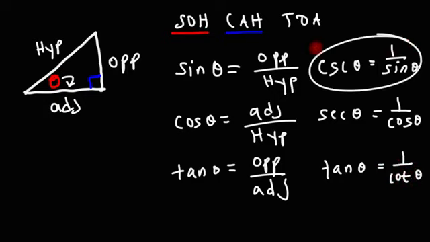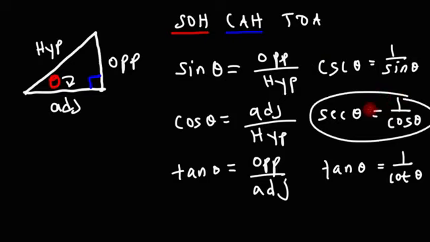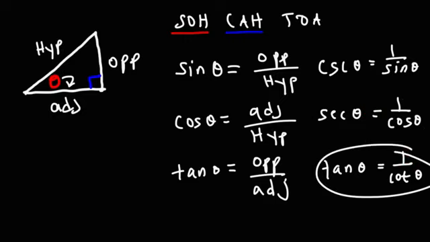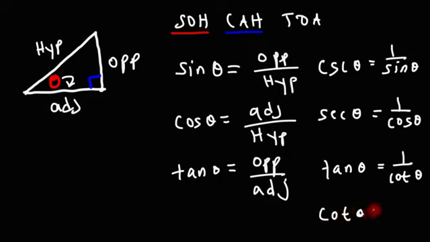Cosecant is 1 over sine. The reverse is also true. Sine is 1 over cosecant. Here we have secant is 1 over cosine. Cosine theta is 1 over secant theta. And for this one, tangent theta is 1 over cotangent theta, which means cotangent theta is also 1 over tangent theta. So those are the reciprocal identities.